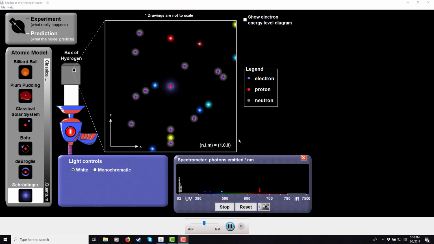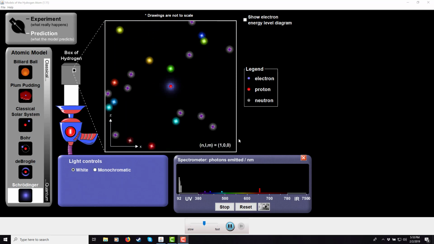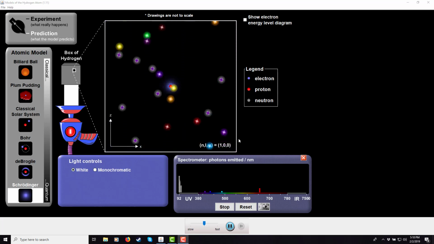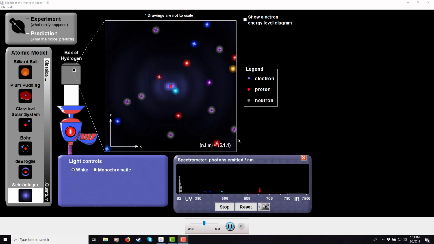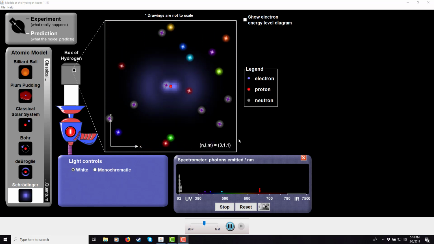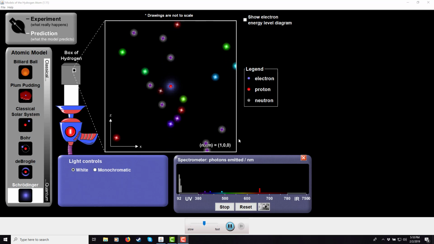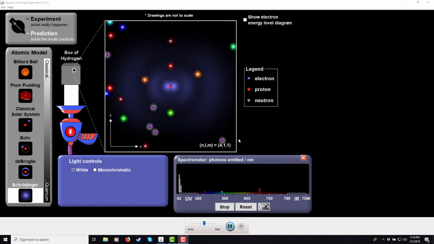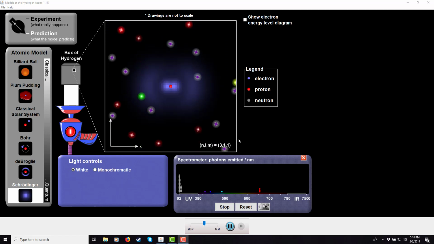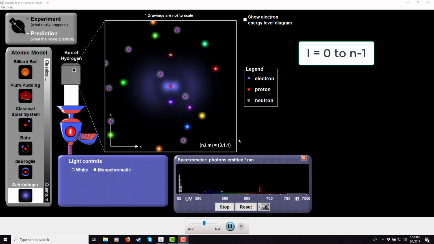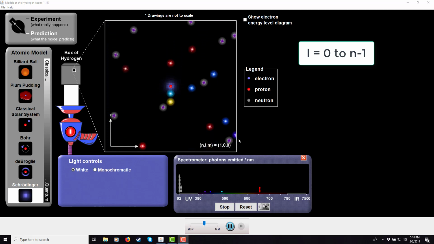Because remember, it's a wave, but a wave that's going around or existing in could be a sphere, could be a donut shape, some kind of three-dimensional figure eight. And this is called the angular momentum quantum number. And this is going to be from 0 to whatever your n is. And once again, in whole numbers.